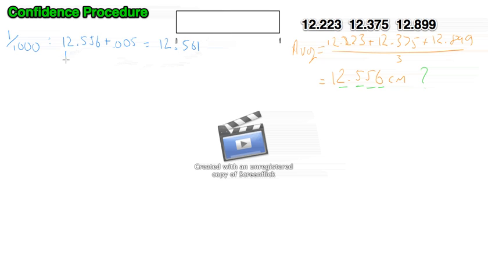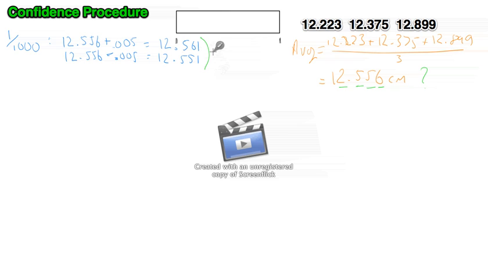And if we take our average and subtract 0.005, we get 12.551. That gives us a range. And we're going to say, the next time we make this measurement, is that measurement likely to fall in the range 12.561 to 12.551?